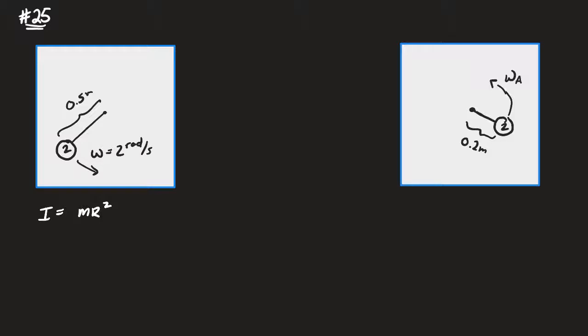Anytime an object is rotating around some point outside the object, anytime, you would use the moment of inertia of a point mass. Do I need to say that again, or do you guys have that down in your notes? I would encourage you to write it down. Anytime an object is rotating about some point that is outside of the object, then you would treat the object as a point mass.